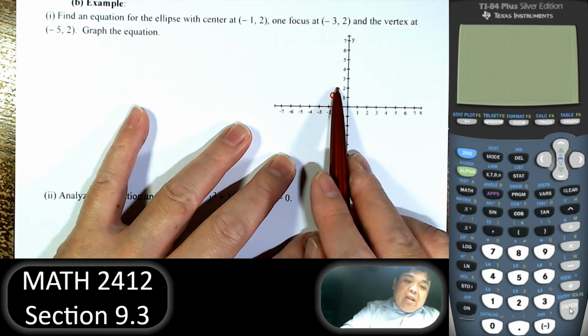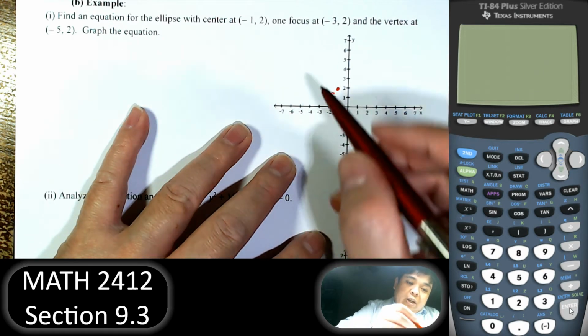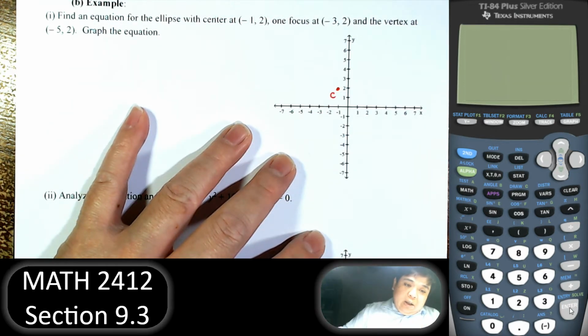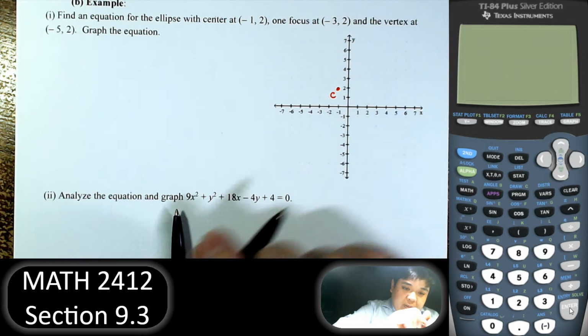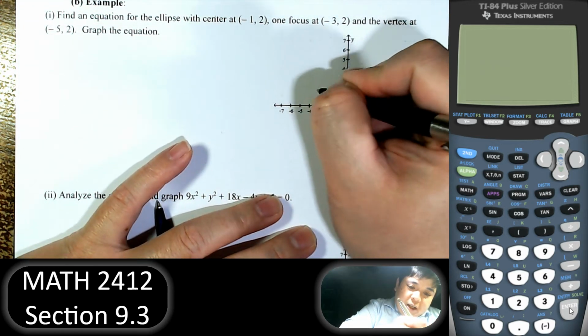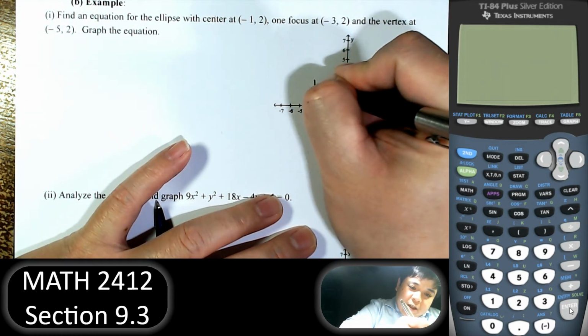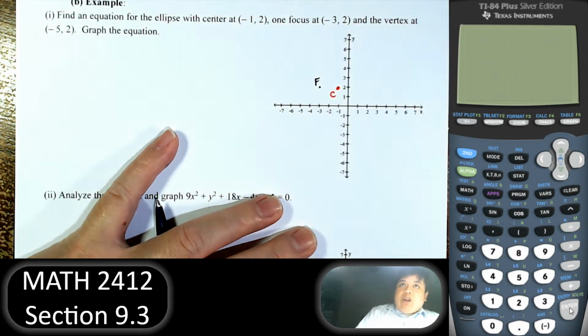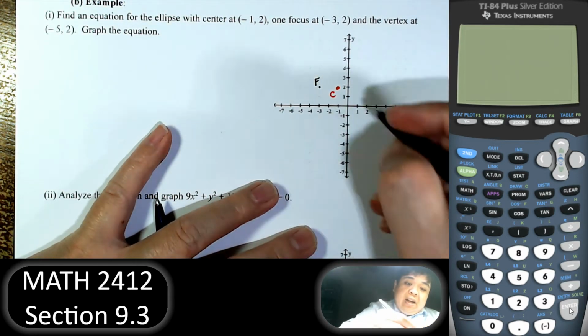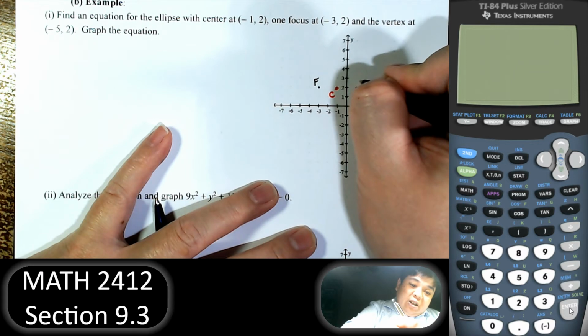And one focus is x equal to -3, y equal to 1. Because of symmetry, if one focus is there, there will be another focus on the other side.